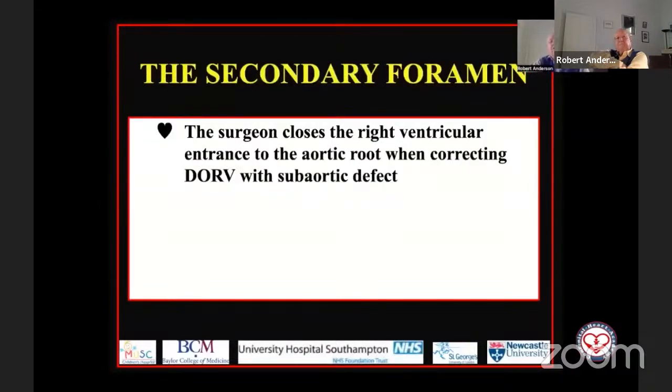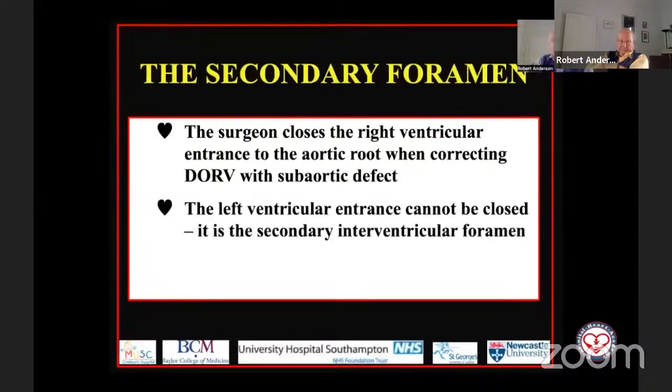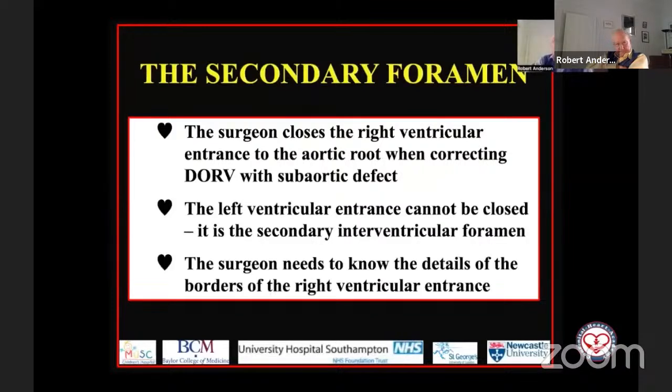So the surgeon closes the right ventricular entrance to the aortic root, as did the embryo when building that shelf in between the aortic root and the secondary interventricular foramen. I hope it's obvious to you that that secondary interventricular foramen cannot be closed because it is the left ventricular entrance to the aortic root.